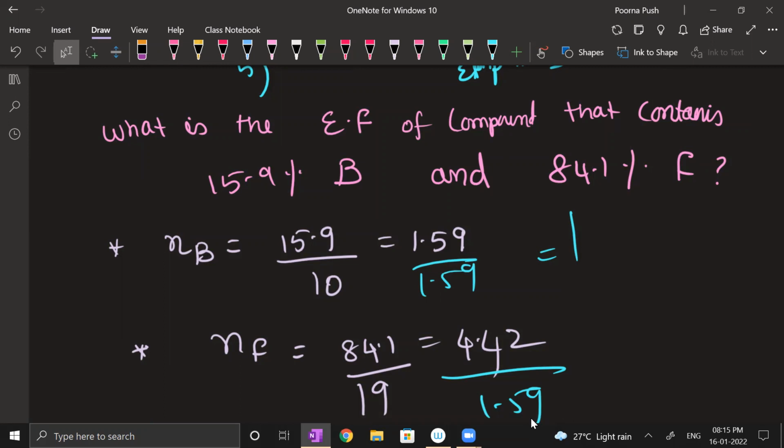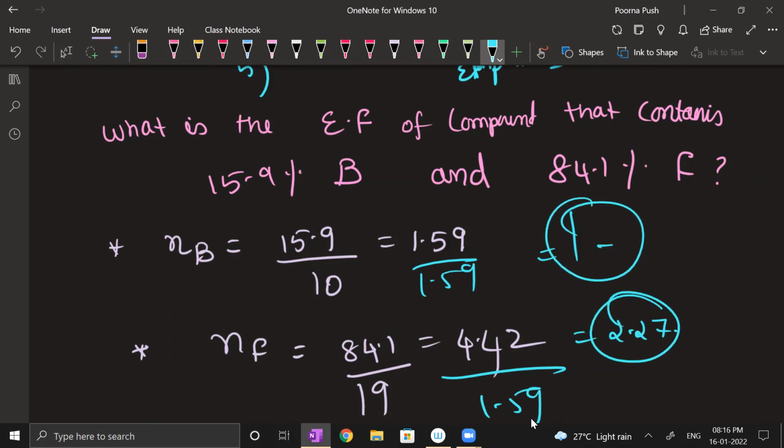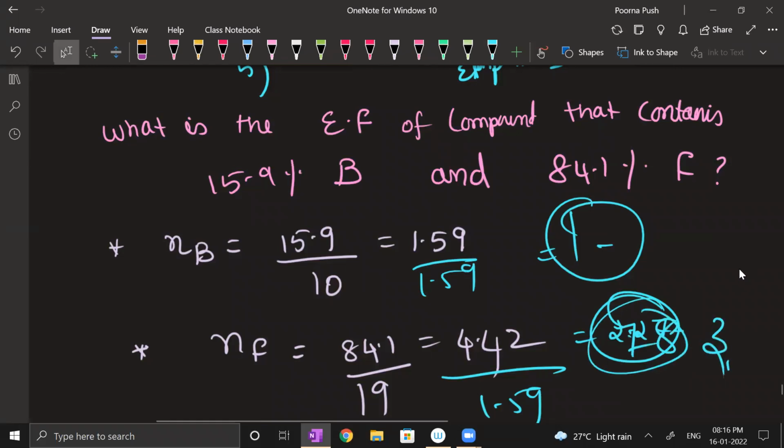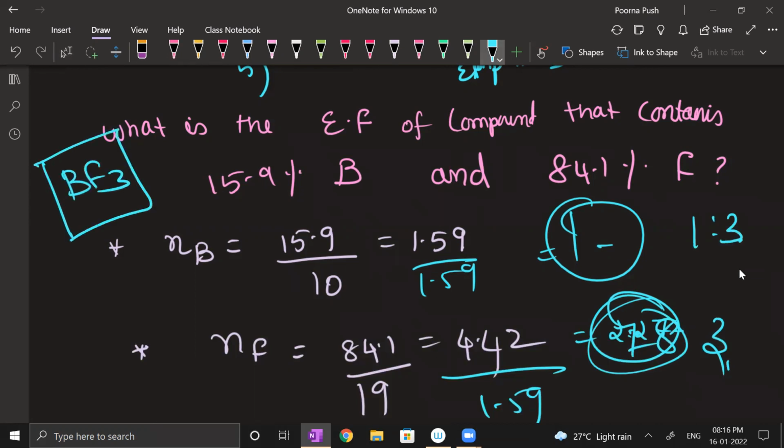Here you get 1, and here you get 2.78, which rounds off to 3. So the ratio is 1:3, and BF3 is the answer. That's all. First you find the number of moles, then you divide by the least number of moles, then you round off. This will give you the empirical formula.